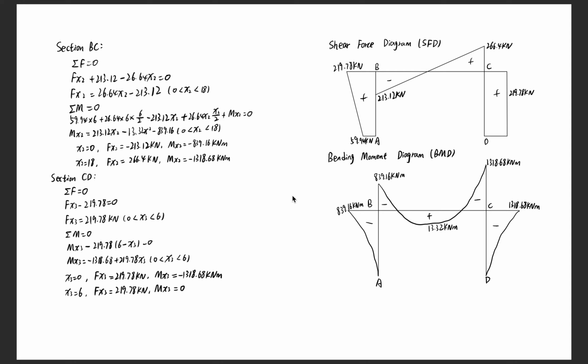When x3 equals 0, Fx3 equals 219.78 kilonewton, Mx3 equals negative 1318.68 kilonewton meter. When x3 equals 6, Fx3 equals 219.78 kilonewton, Mx3 equals 0. And the last step is about the shear force diagram and the bending moment diagram on the right.